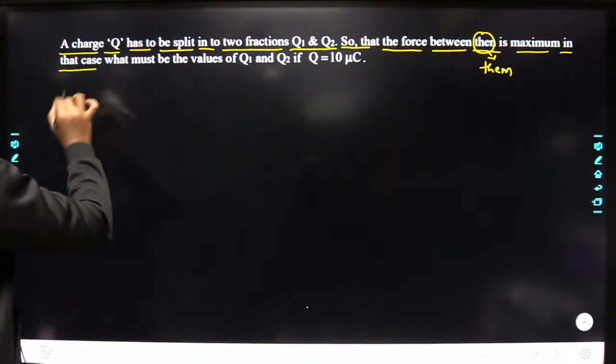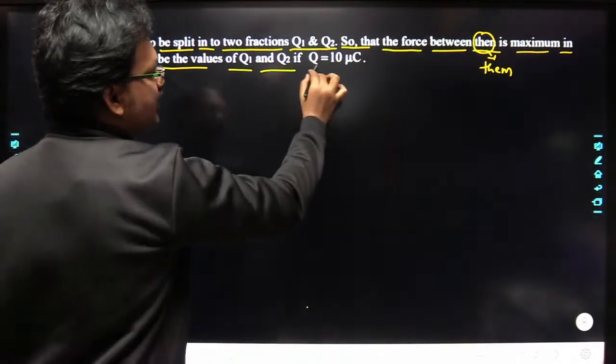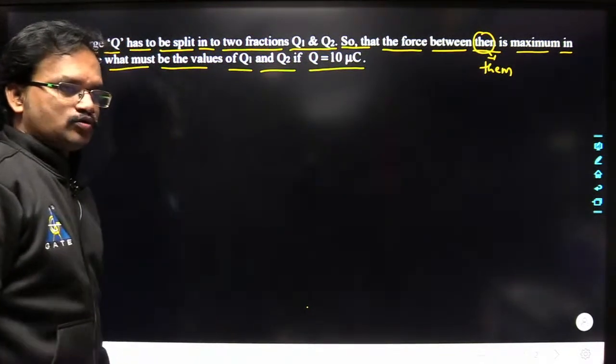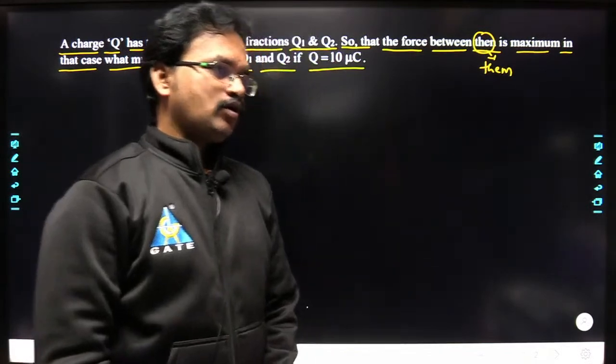In that case, what must be the values of Q1 and Q2 if Q is equal to 10 microcoulombs?